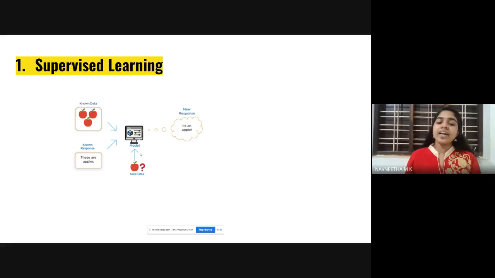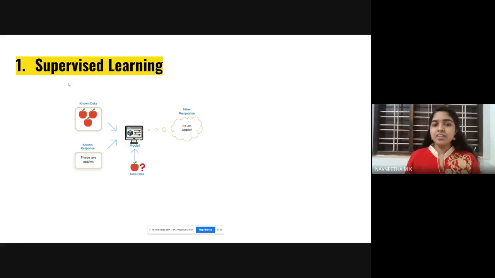Next, we provide another data set, which is the new data. The system does not know what it is. By looking at this figure, suppose that the known data are a collection of red apples, and the new data are a collection of green apples. So, what should the system do?